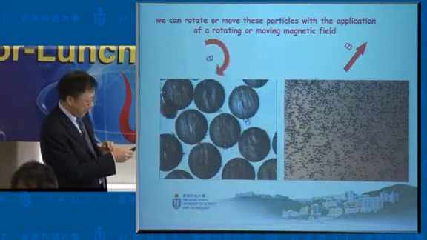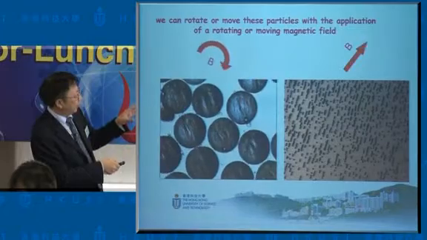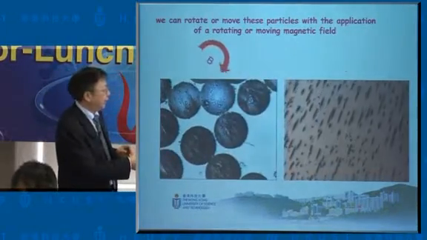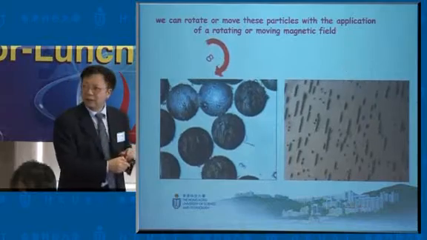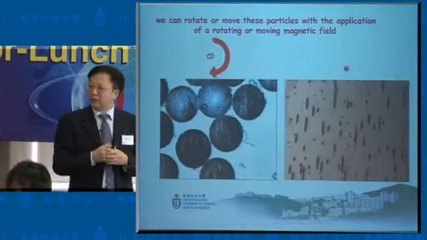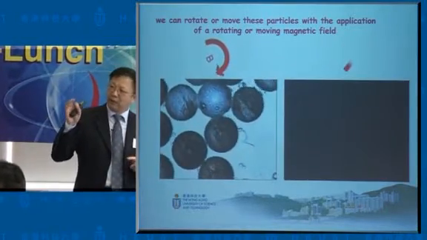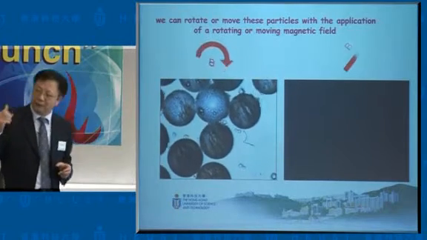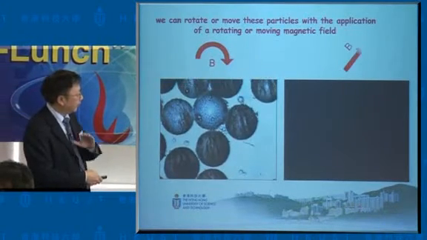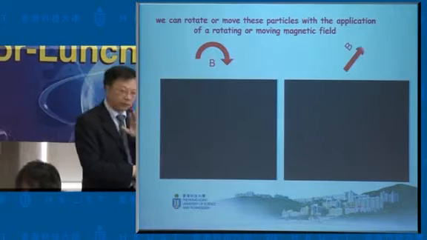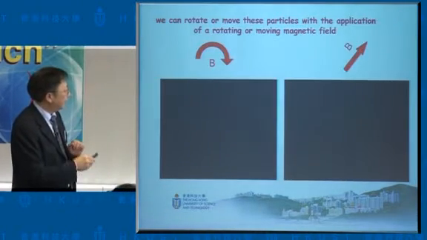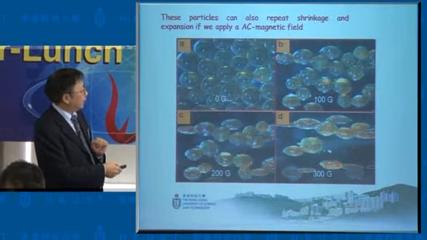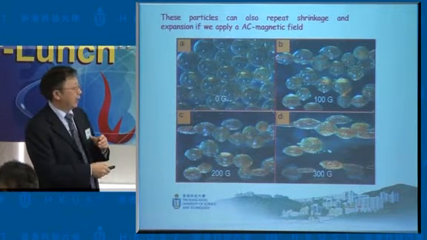And here you can see you can control this sphere with a magnetic field, rotate it, and even guide these particles. So this particle you can guide with a magnetic field. Here it shows the sphere without application of a magnetic field.